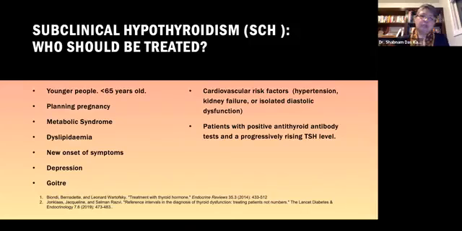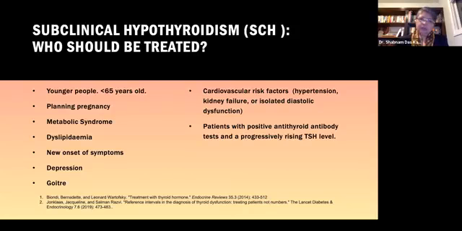So who are the ones you're going to treat? Someone who's planning pregnancy definitely needs to be treated, because the guidelines recommend that the TSH level for a woman before she gets pregnant should be 2.5. Then someone who has metabolic syndrome. I am sure it is similar in all your countries. Metabolic syndrome is so common now. It's a problem of insulin resistance.